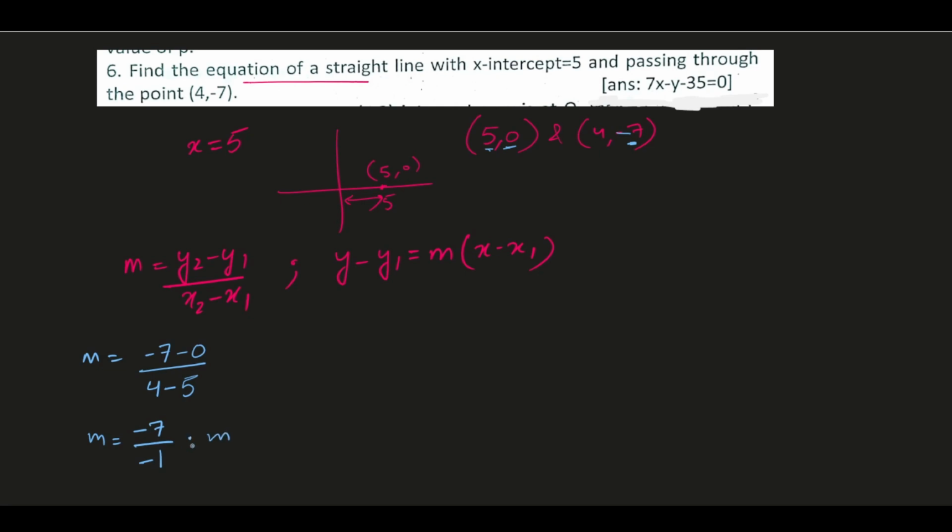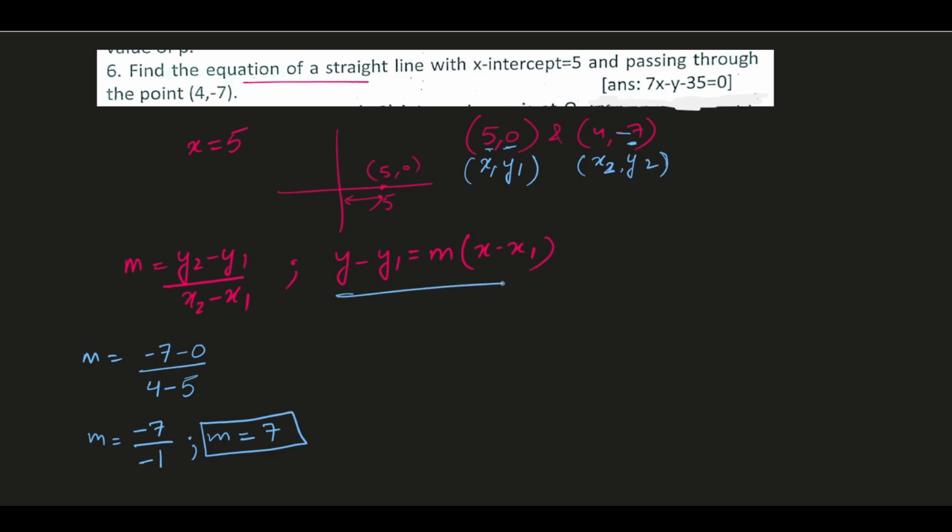Better to write as m is equal to 7. यहाँ लिख देते हैं m, x1 and y1. यहाँ लिख देते हैं x2 and y2 so that you all don't get confused. कुछ प्रॉब्लम ही नहीं होगा आप लोगों को, सब चीज सामने ही लिखा हुआ है.